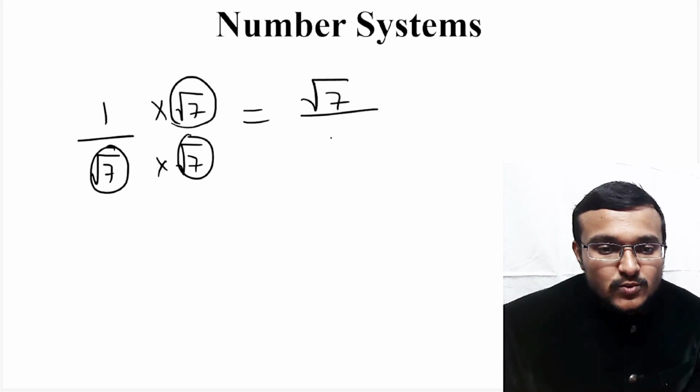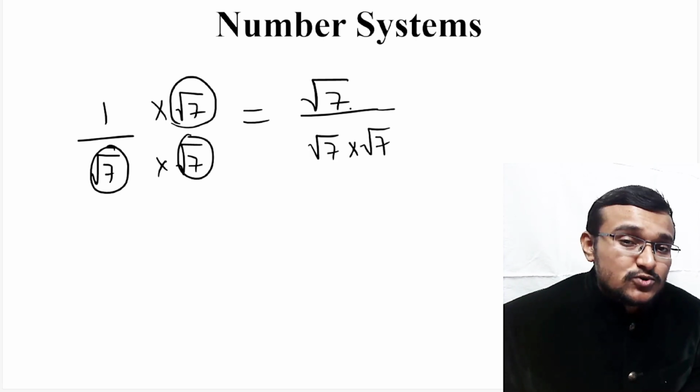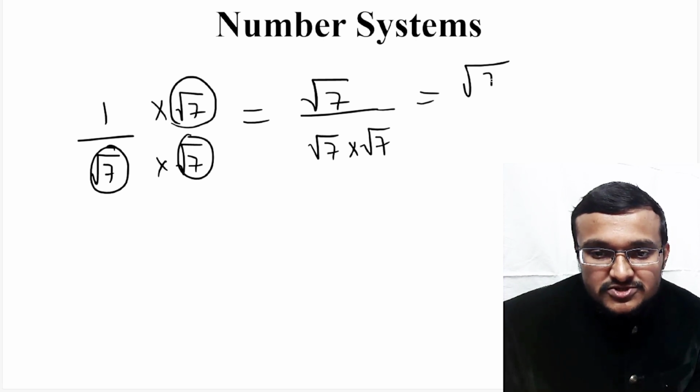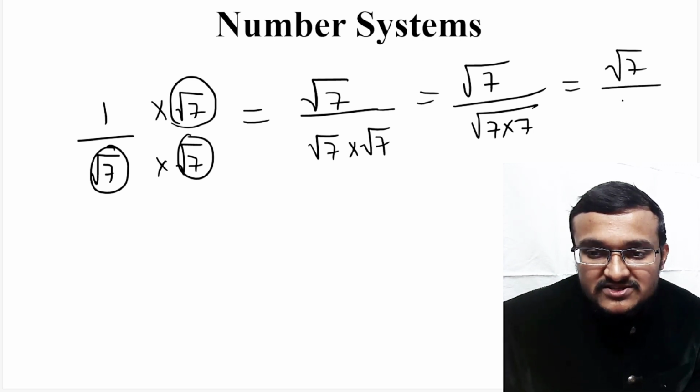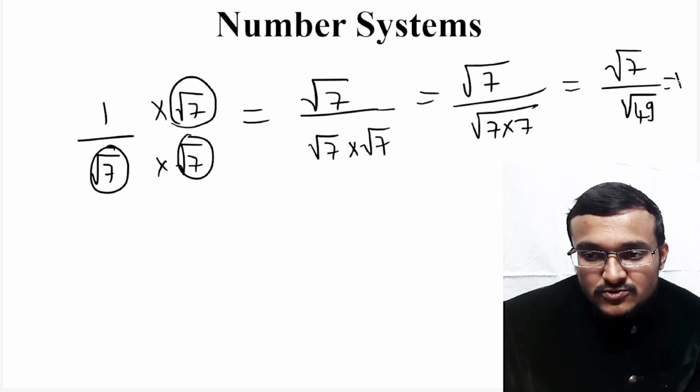So root 7 into 1 is root 7, divided by root 7 into root 7. Root m into root n is equal to root mn, so root 7 divided by root of 7 into 7. 7 7s are 49, so root 7 divided by root 49. Root 49 is 7. So the answer is root 7 divided by 7.